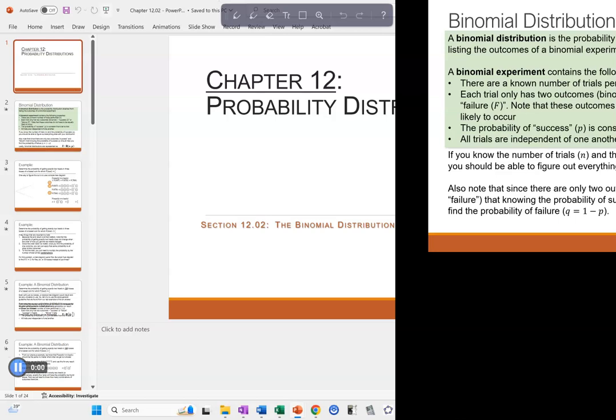A lot of real world activities that are considered just either it happens or it doesn't can be described using a binomial distribution. So the notation that we use to describe a binomial distribution is X is our random variable, and we have this little squiggle that means it follows the distribution.